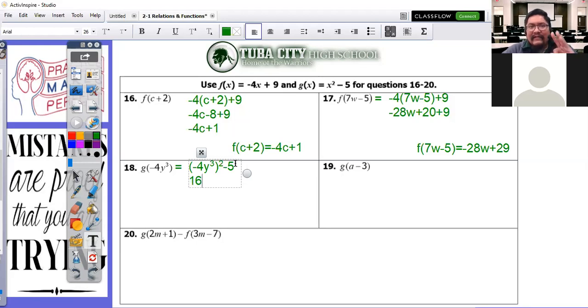If I imagine y to the 3 is 3 y's, another 3 y's, and another 3 y's, then I would have, wait, hold on. No, I'd only have two groups. So 3 y's, a second 3 y's. That would mean there'd be y to the 6. Whew. Okay. And then the negative 5 is there, so I cannot combine these two things.